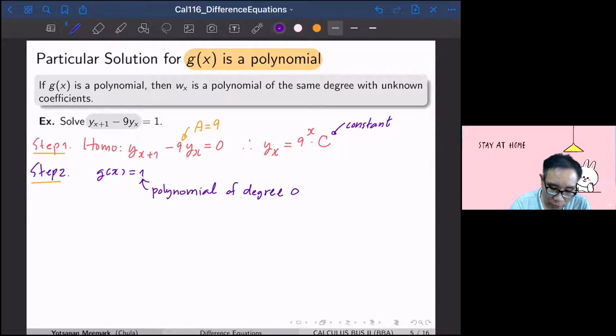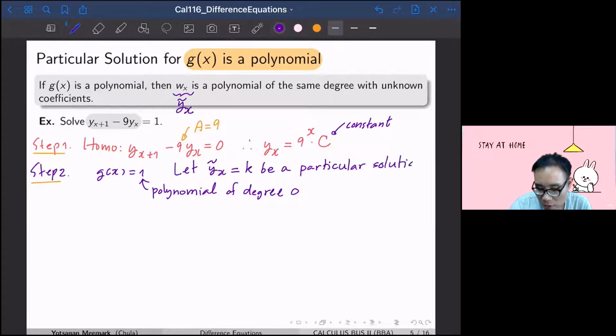Okay, so we're going to let y tilde of x, the thing that we use for the particular solution, and normally we're going to let y tilde of x equal to k be a particular solution. K is just a polynomial of degree 0.